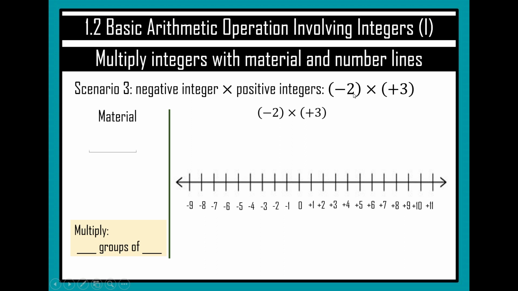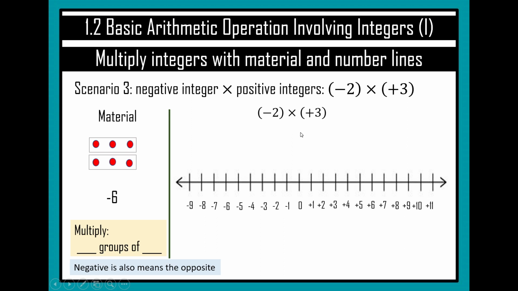So 2 groups, and I need 3 green circles. But if you notice, there's a negative 2 at the front, which means it is the opposite of the positive 3. So I'm going to change it to red color. In total, now I have negative 6.